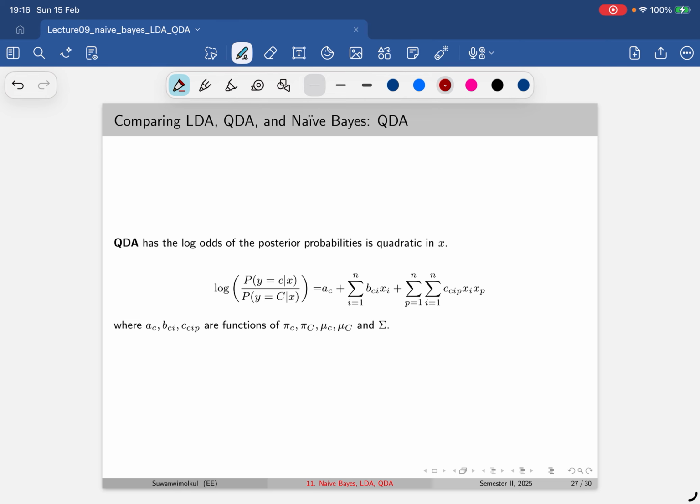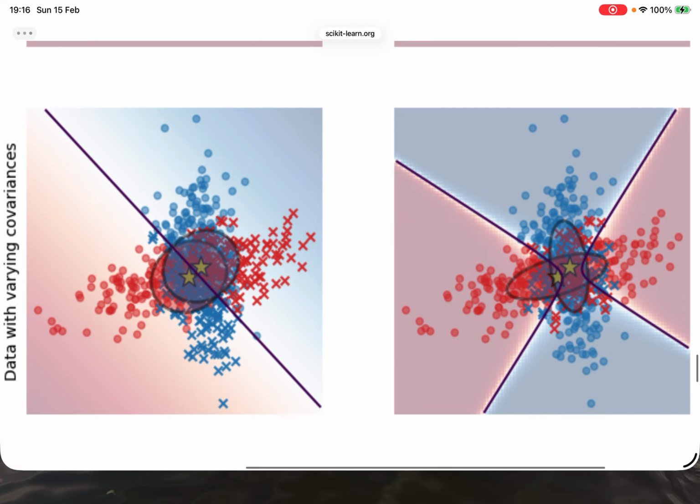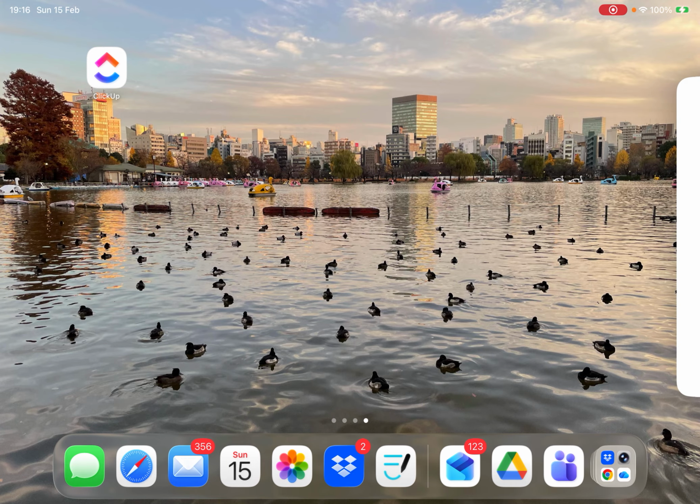Likewise for QDA, as I mentioned before, you will have quadratic terms, and that's the reason why in our previous example you see the quadratic curves.